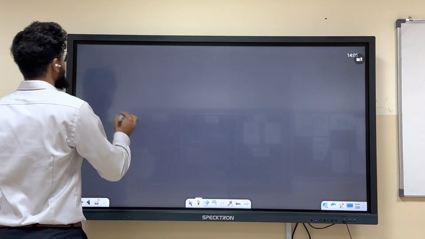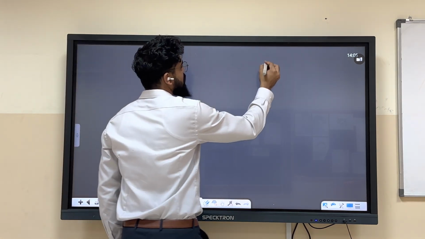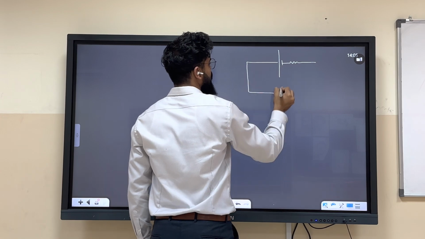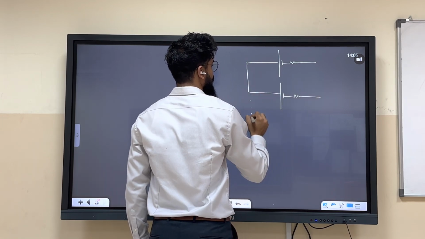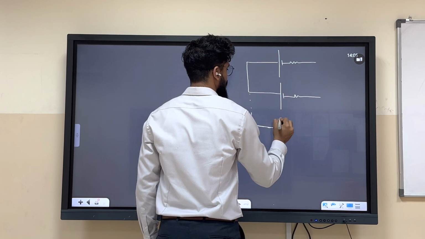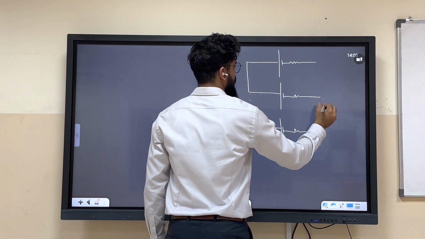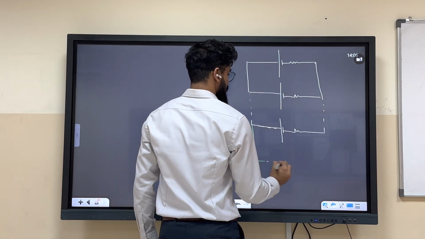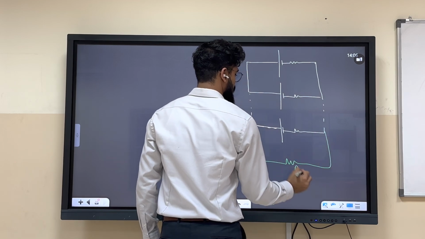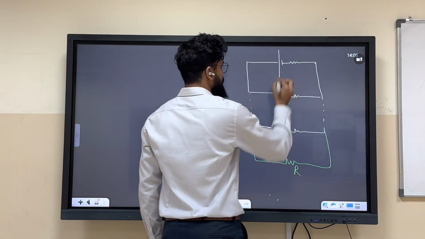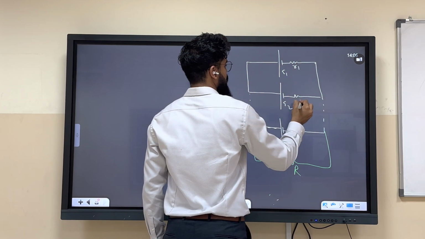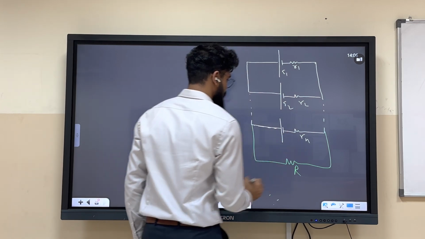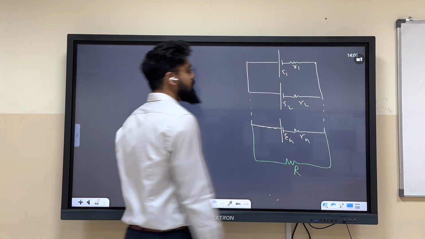So one more time, I'm just making a very small circle. Okay, so this is the circuit.